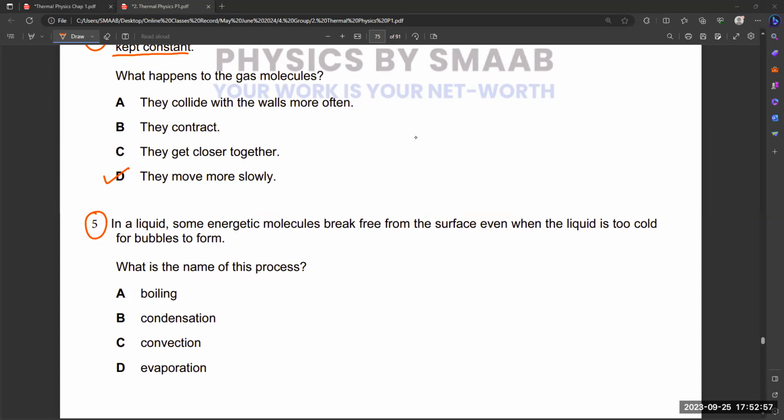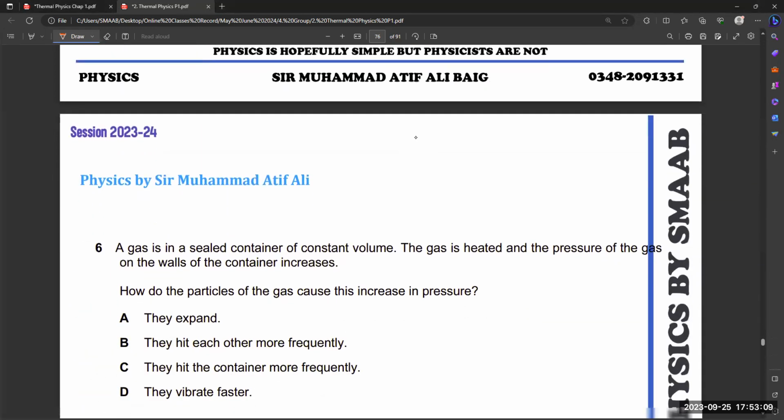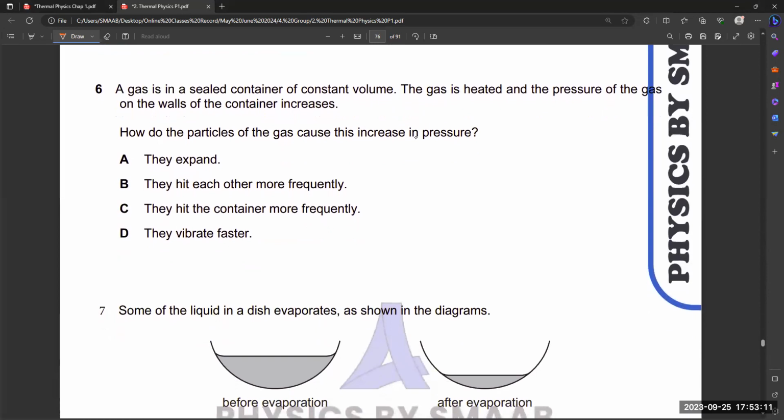Yes, it's D. It says from the surface. So some energetic molecules break free from the surface. That is the evaporation process, because that is a normal process you already know about and have already studied. But we still study that concept in our syllabus in the next chapter.